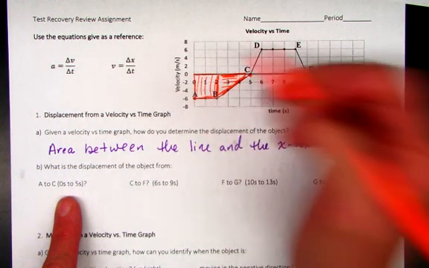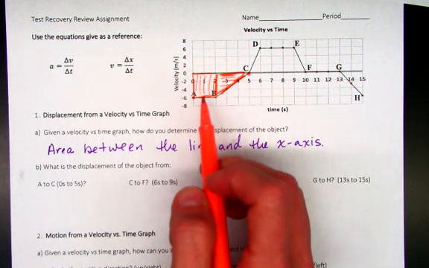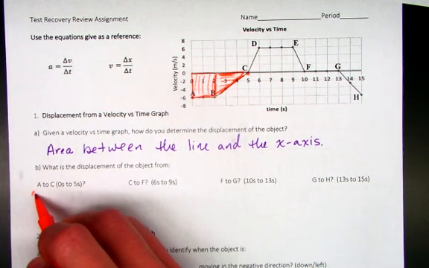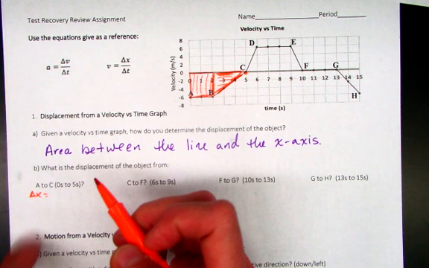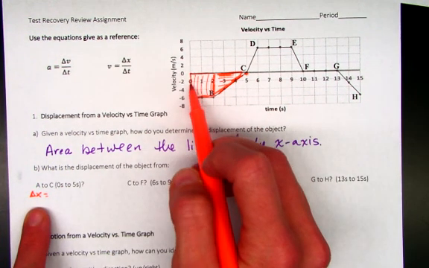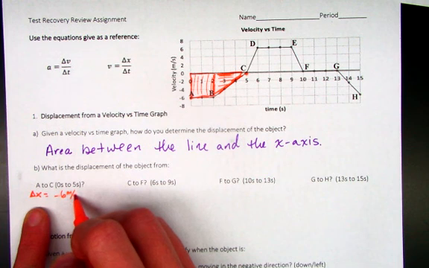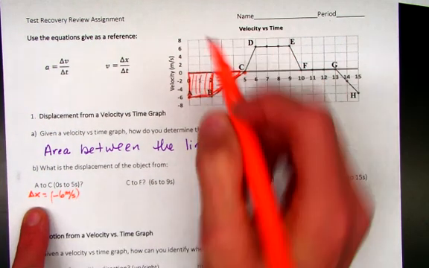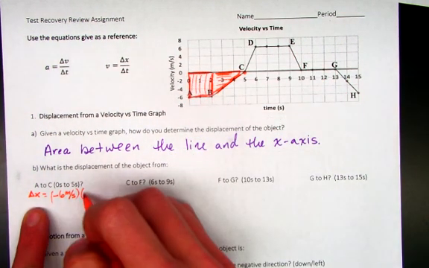Okay, so we have these 2 shapes here, and to get the displacement, we just need to get the area of both. The area of a rectangle is just length times width, or base times height. Here I'm at 0 to -6, so the length of this side is -6 meters per second. The length of this side is in seconds, and it's 2 seconds long.